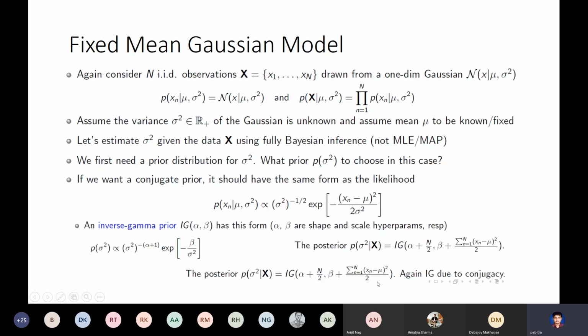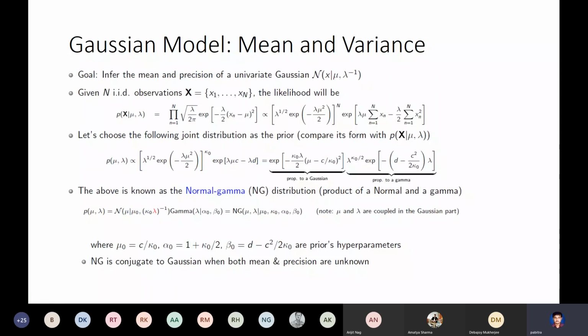The posterior is again an inverse gamma, so inverse gamma and Gaussian are conjugates with some parameters. The next case again is the same basic idea as estimating mu, only the priors are changing.